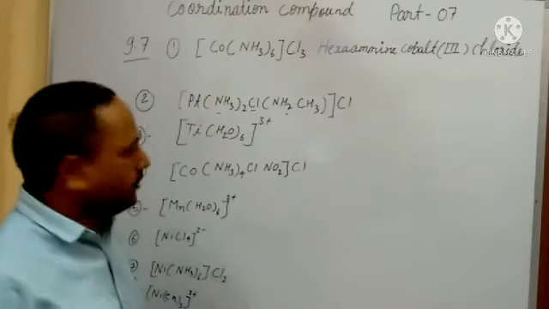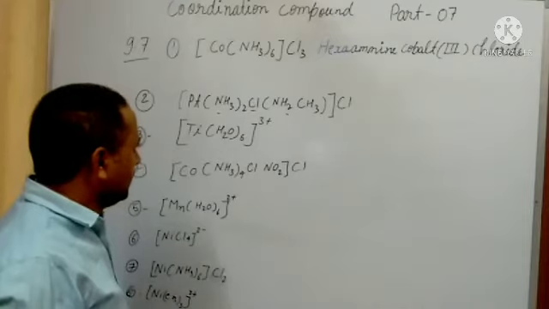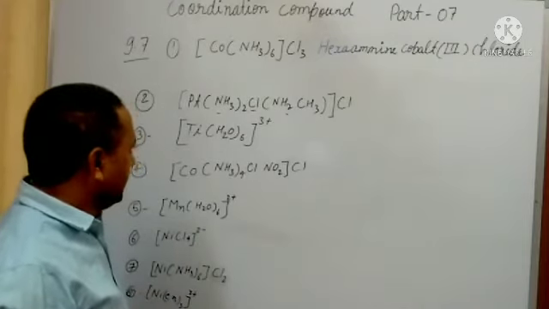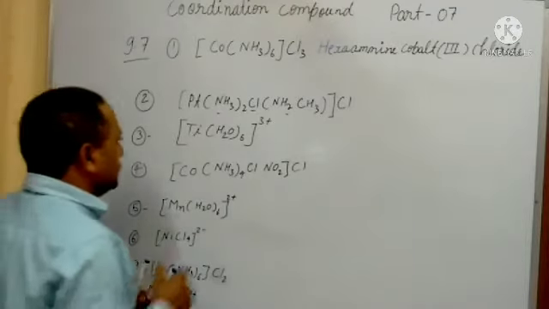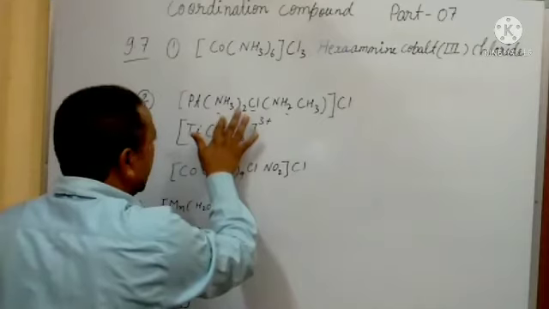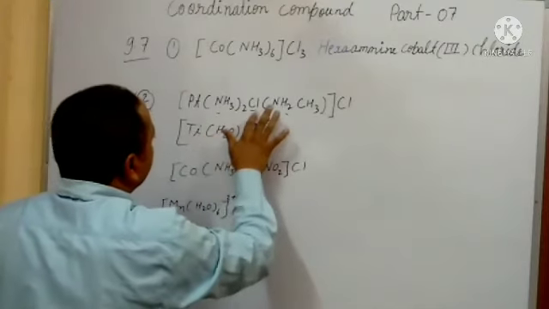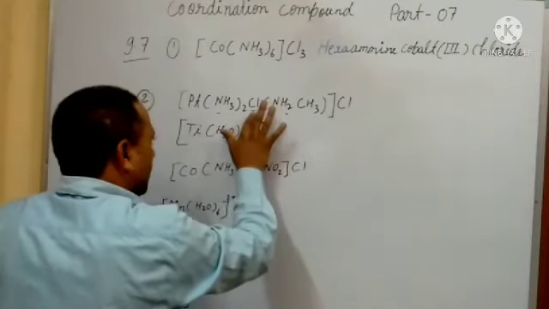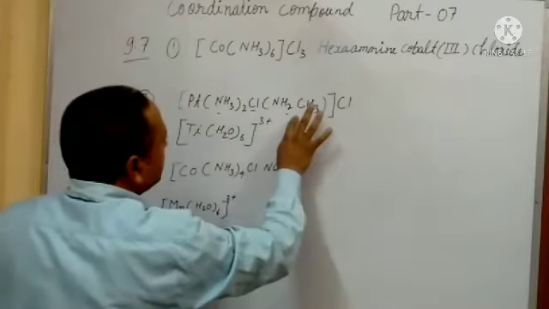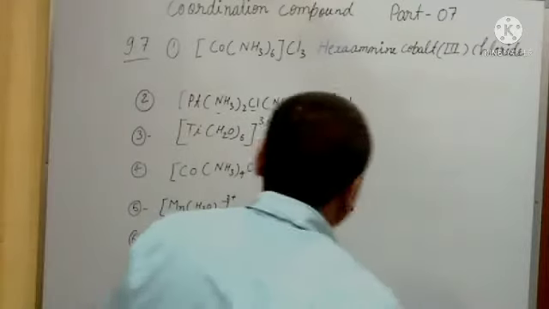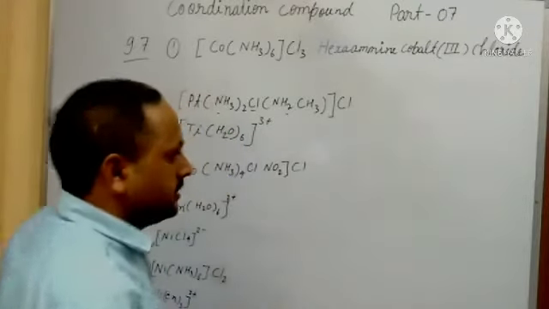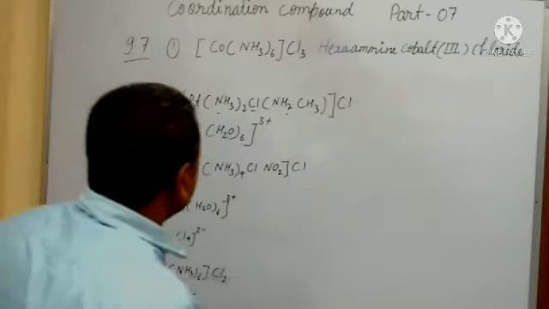What is alphabetical order? In alphabetical order you will see here: ammine, then chloro, and then methylamine. We will follow this order. So let us see what will be the name of this compound. Let us begin.